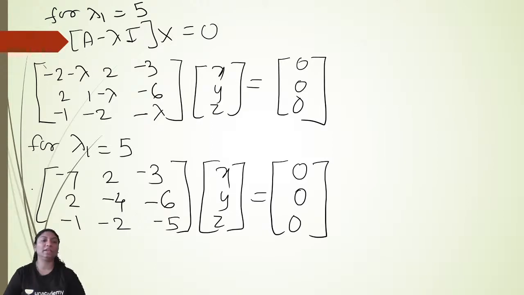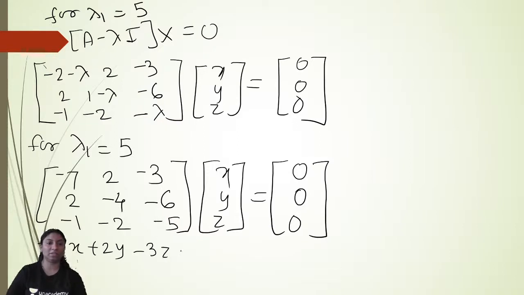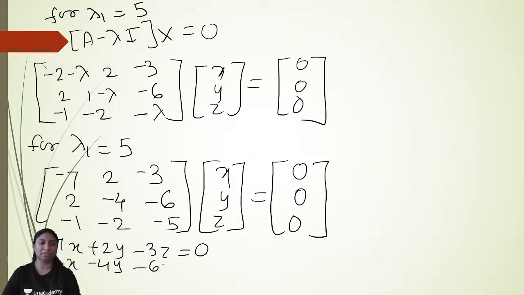Good. So you will get the equations minus 7x plus 2y minus 3z is equal to 0, 2x minus 4y minus 6z is equal to 0, minus x minus 2y minus 5z is equal to 0.